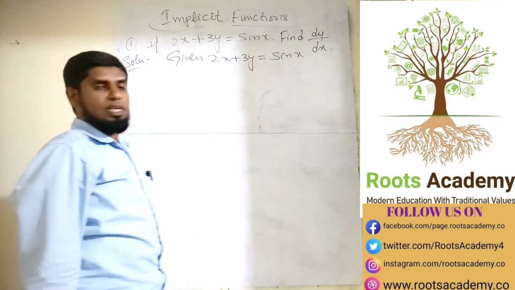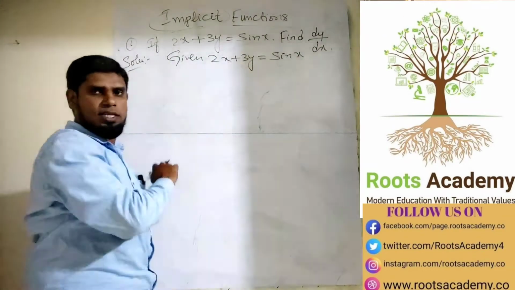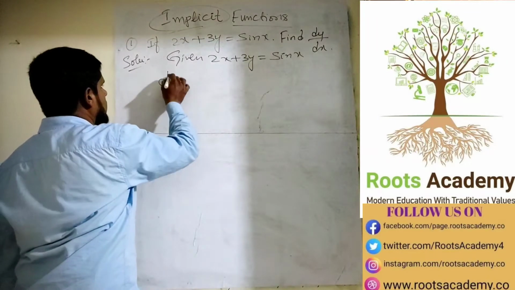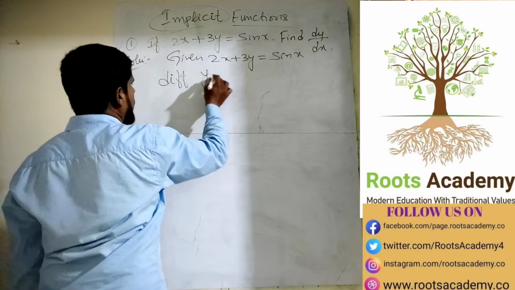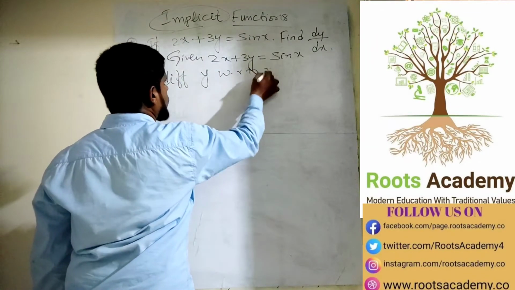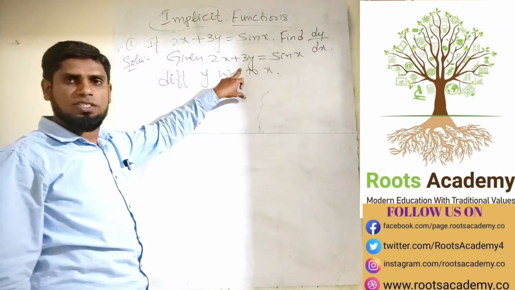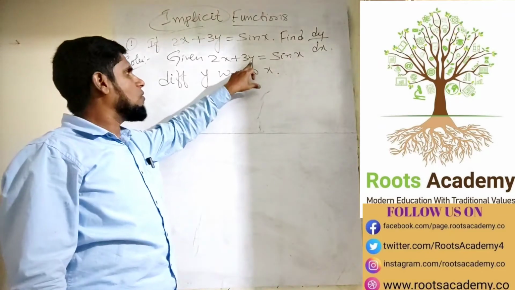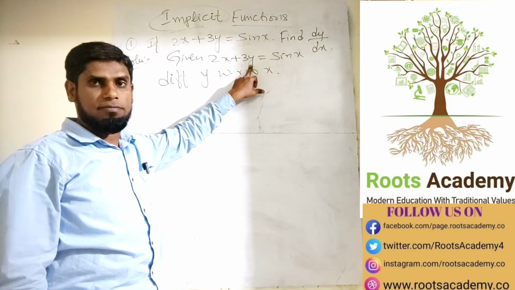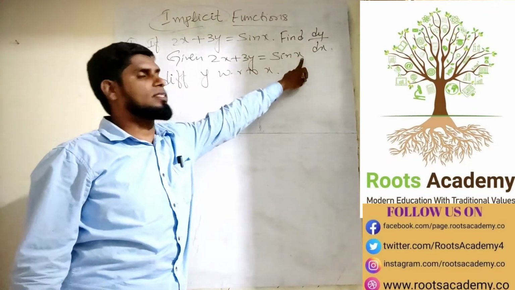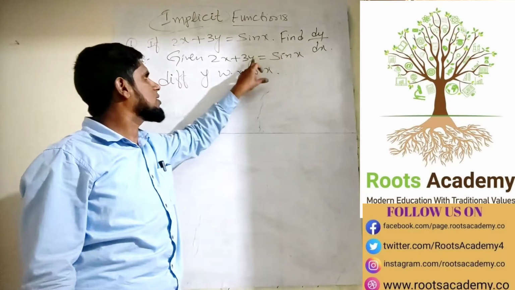Let us differentiate y with respect to x. Because here, whether it is an implicit function or an explicit function, y is always dependent on x. So x is independent, y is dependent.